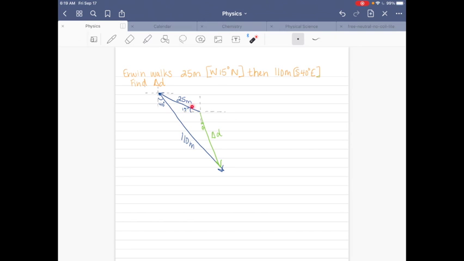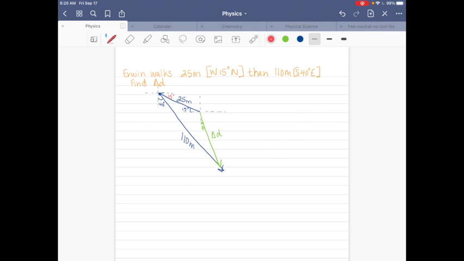So since I know that this angle here is 15 degrees, I also know, because of alternate interior angles, this one here will also be 15 degrees. So I'm going to go ahead and label that.